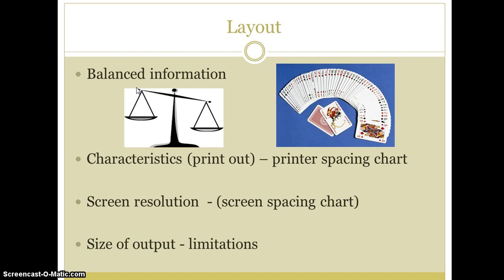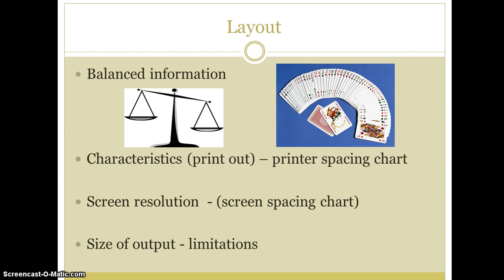You want to make sure you're using the right one for your output design, because you don't want too much crammed into one small space or too little in one large screen resolution. To fix this, the screen output can be designed using a screen spacing chart. This is similar to a printer spacing chart, but the number of columns and rows would be different.